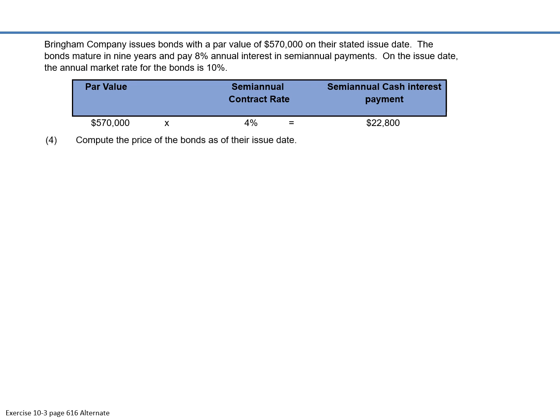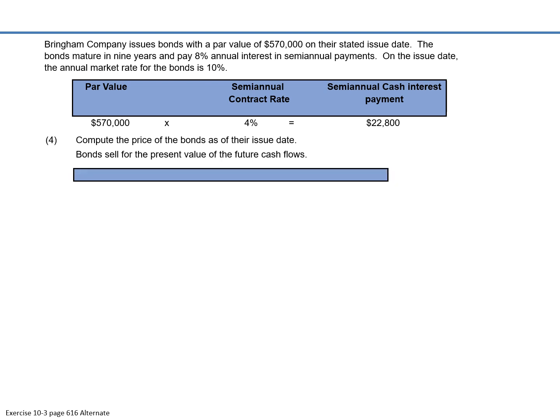What we need to do is figure out the price of the bond as of their issue date. And so the bond sells for the present value of the future cash flows. So you have to find out the present value of the maturity or the par value. So present value of one, $570,000, and then present value of the stream of interest payments, right?